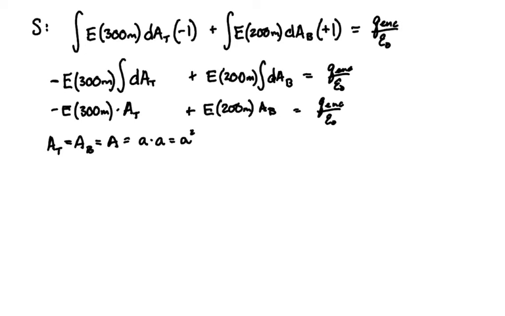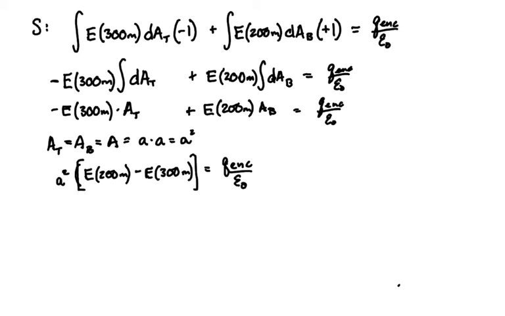Can we have more equal signs on one line? Probably not. So now we have a squared that is shared by both terms times the electric field at 200 meters minus the electric field at 300 meters. And let's make these brackets. And that's, again, all equal to the enclosed charge divided by the permittivity of free space.